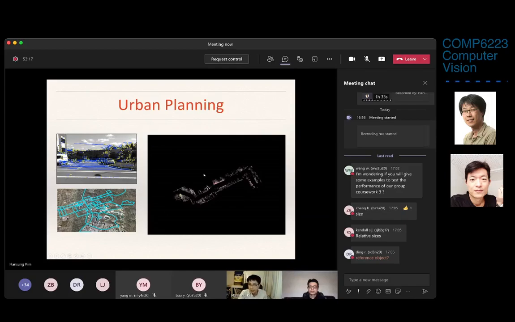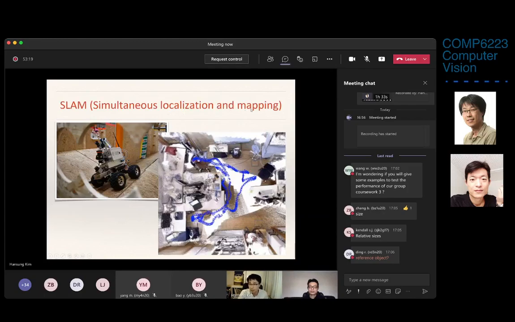It is called SLAM, simultaneous localization and mapping. It means it maps 3D space while it moves around, from the camera, from the video, it maps 3D points and also localizes where the camera is. We can find the camera trajectory, its position and location, and then also reconstruct the scene. This is a very interesting area for autonomous vehicles or exploration.